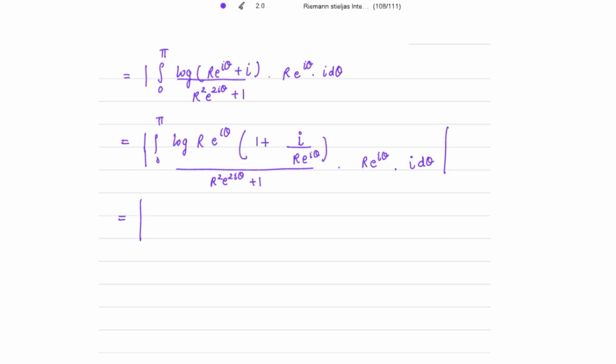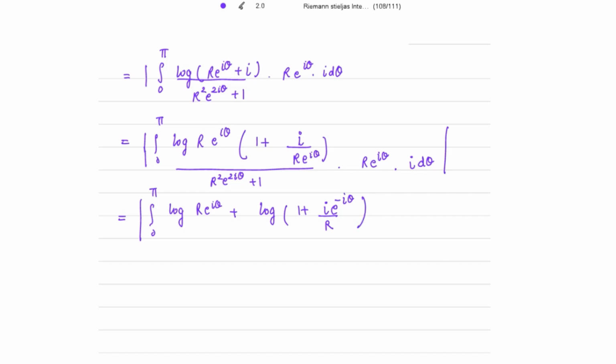Now what I'm going to do is, I know that log of a into b is log of a plus log of b. So 0 to pi, log of R e to the power iota theta plus log of 1 plus iota over R e to the power iota theta. So log of 1 plus iota over R, and e to the power iota theta I am taking to the numerator, which is negative iota theta, right?